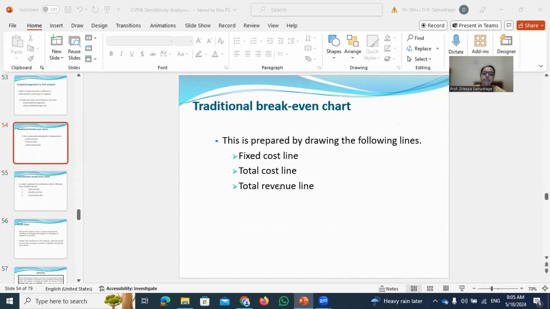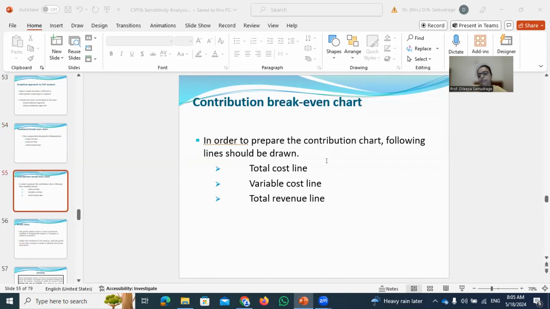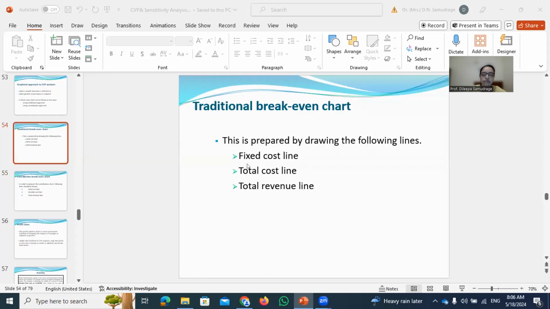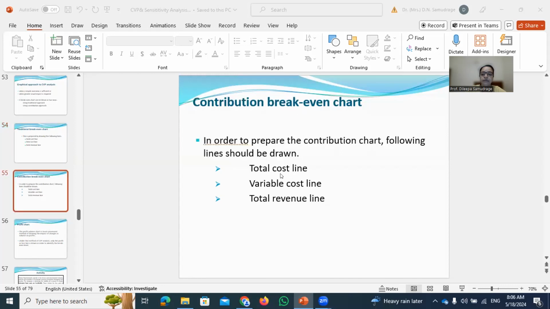So that's why we move to the contribution break-even chart, right? Therefore, this is very important. You can easily show the contribution from this chart. Due to the weakness of the traditional break-even chart, we prepared the contribution break-even chart.